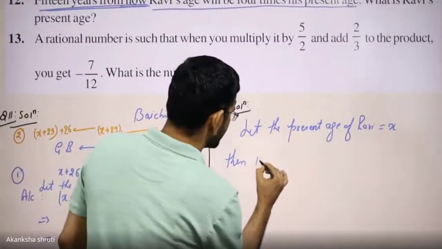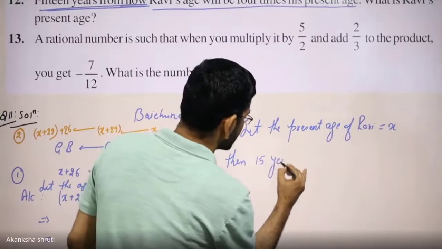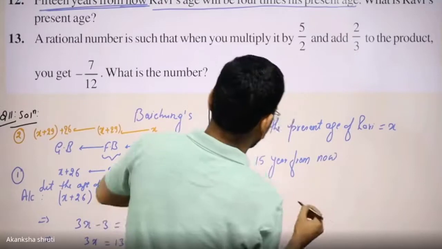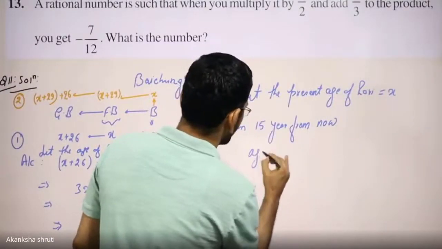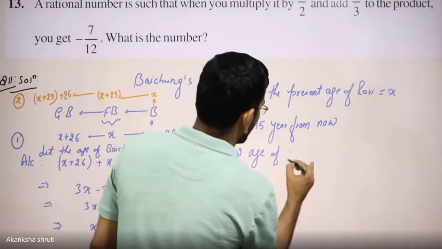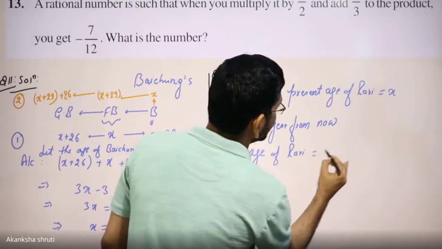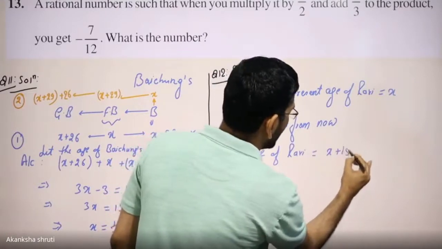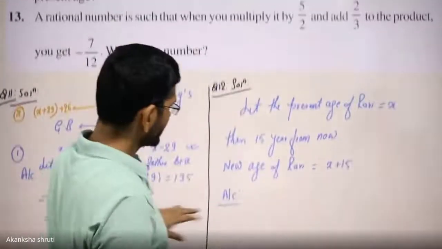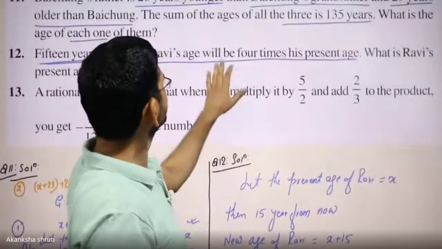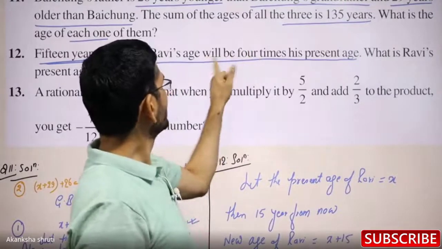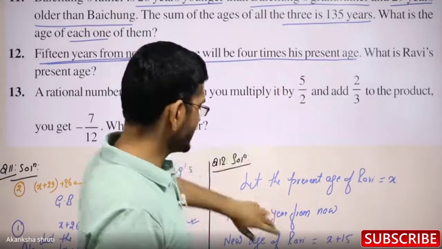Then 15 years from now, the new age of Ravi will be obtained by adding 15 to this X. Now according to the question, 15 years later Ravi's age will be 4 times his present age.